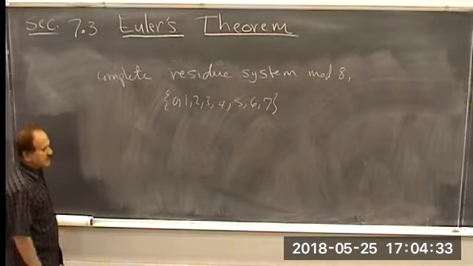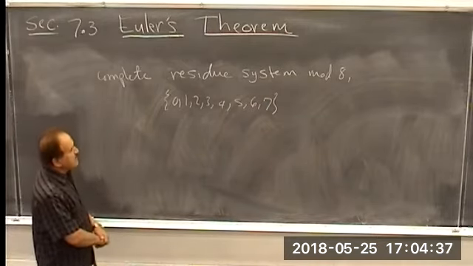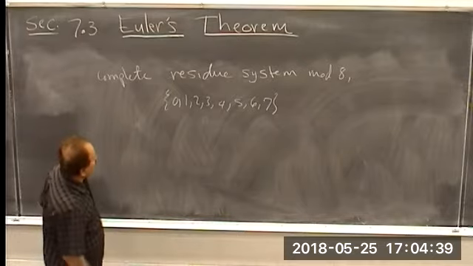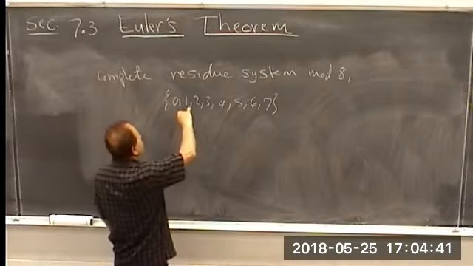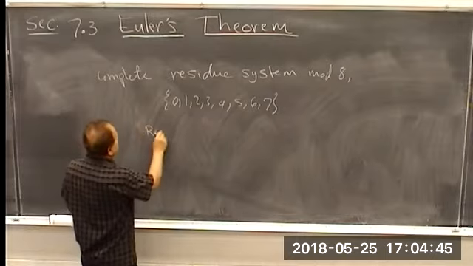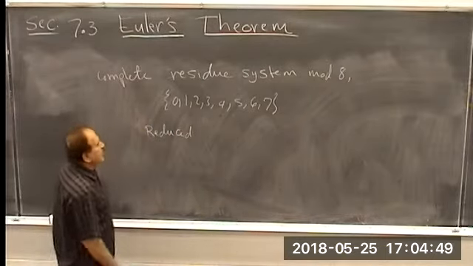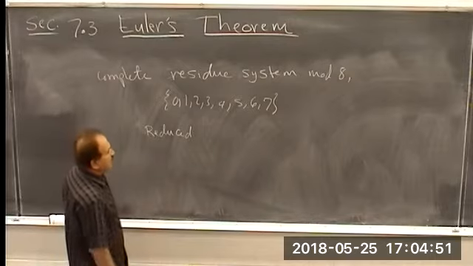So this is actually the least non-negative residue system mod 8. Now from these we're going to scratch out the ones that are not relatively prime to 8. So we're going to keep the ones that are relatively prime to 8.